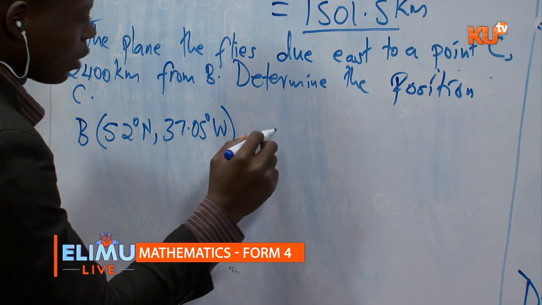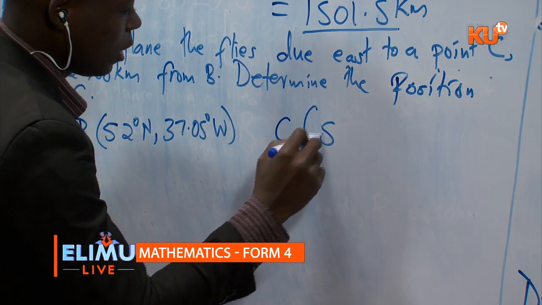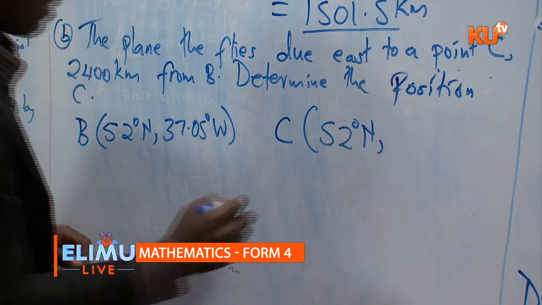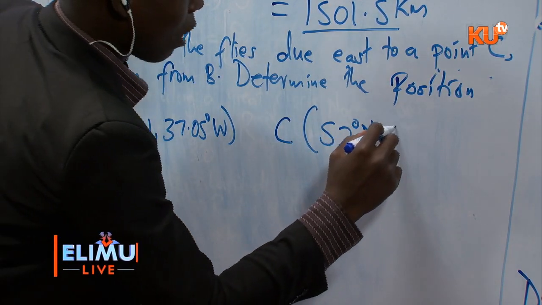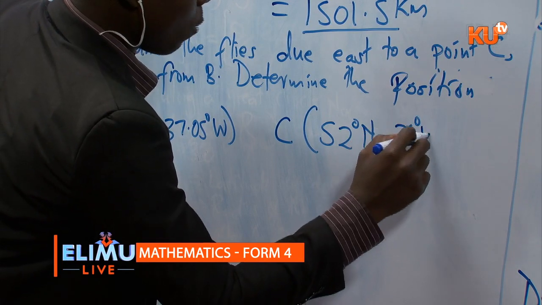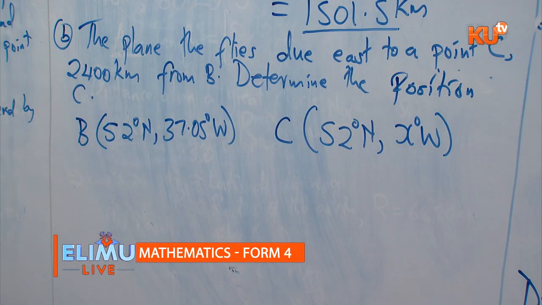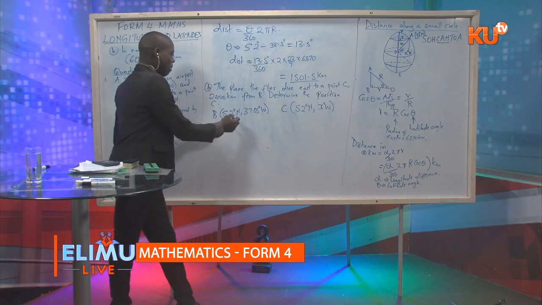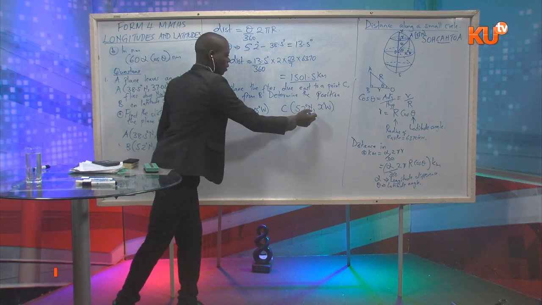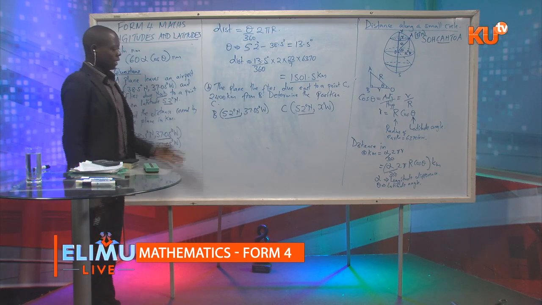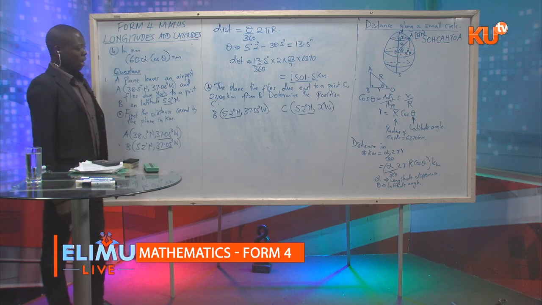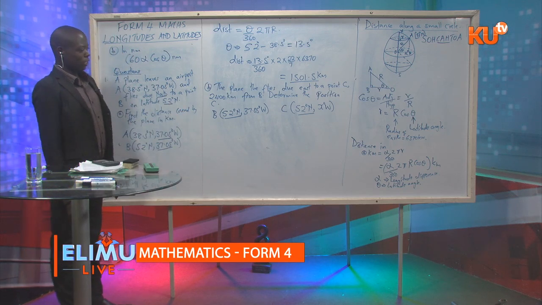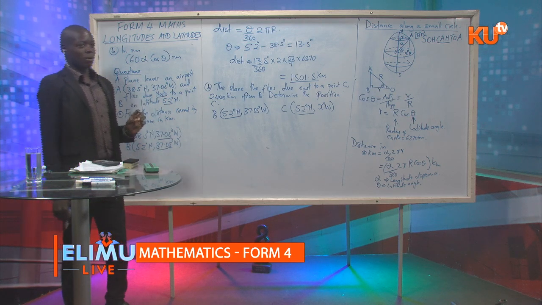So C is going to be defined by 52 degrees north and then another angle x degrees west. So now this tells you that B and C are on the same small circle, because they share the latitude angle and they are on the same side of the equator, which is north. So we are determining the distance along a small circle.